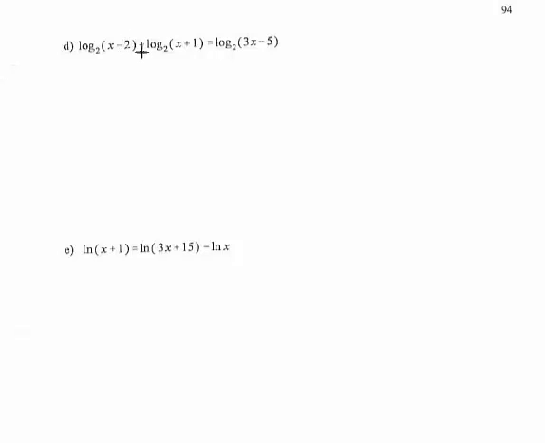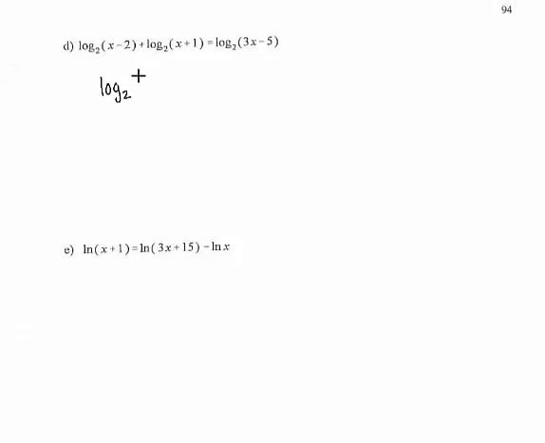And to do that, you have to notice that these two log functions have the same base and they're being added. So when 2 log functions are added with the same base, we can combine them into one, with a base of 2, the base of the original 2 log functions.